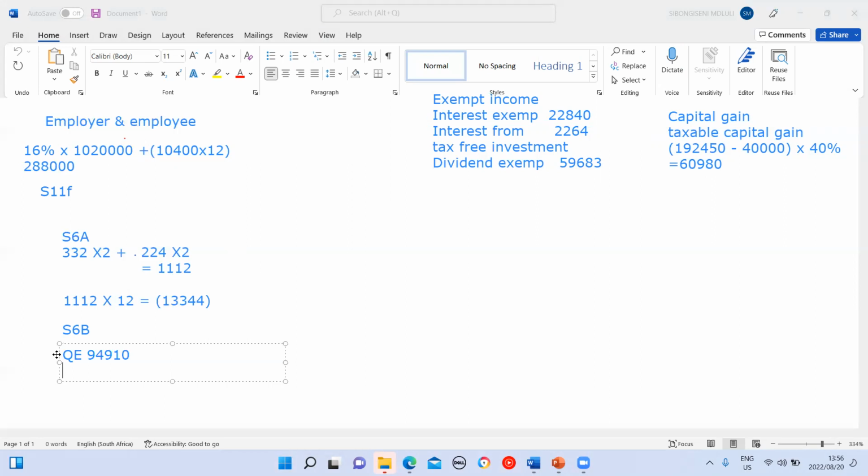So when you add it to your medical expenditure, there's the excess of the contributions. So it'll be 73,500 excess.